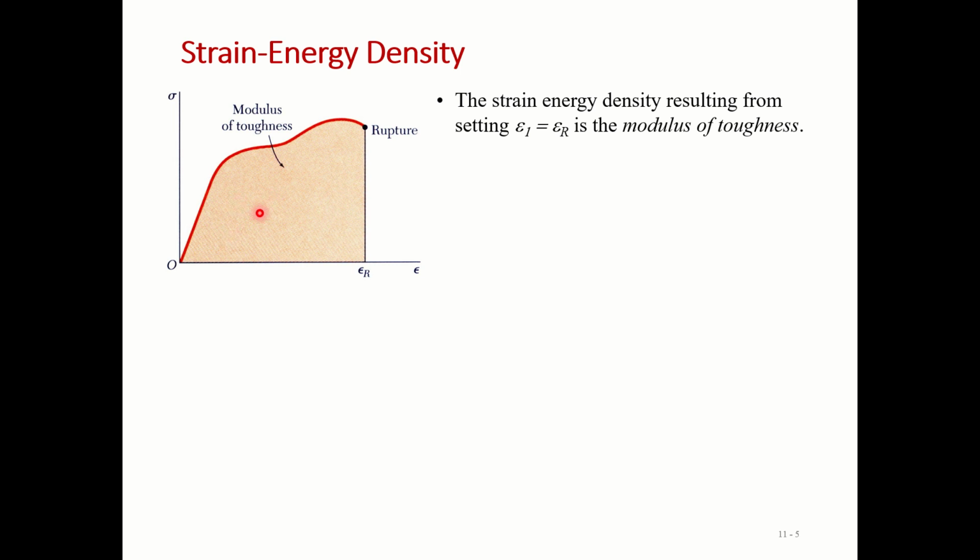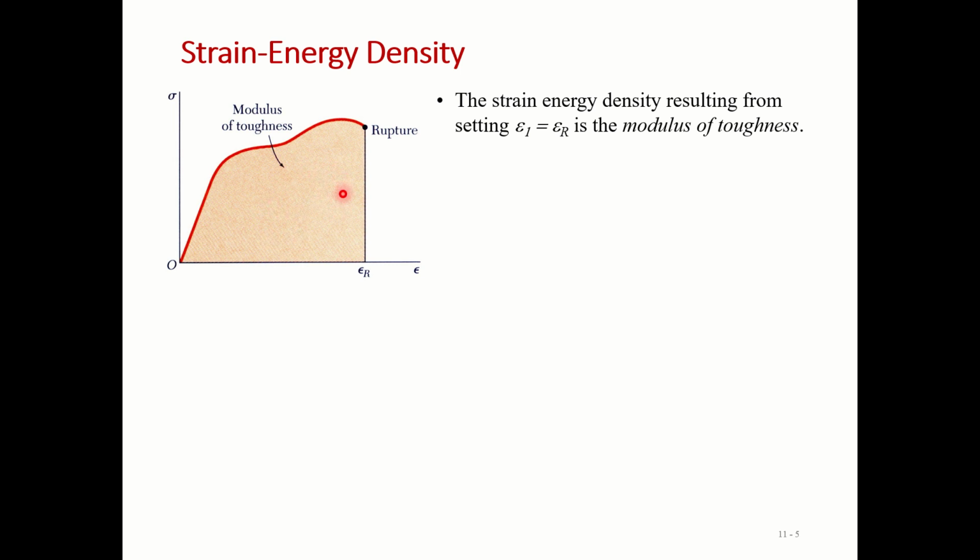So the area under the stress strain diagram until the rupture point, this is called the modulus of toughness. So a material having larger area, you will consider that the material is more tough.